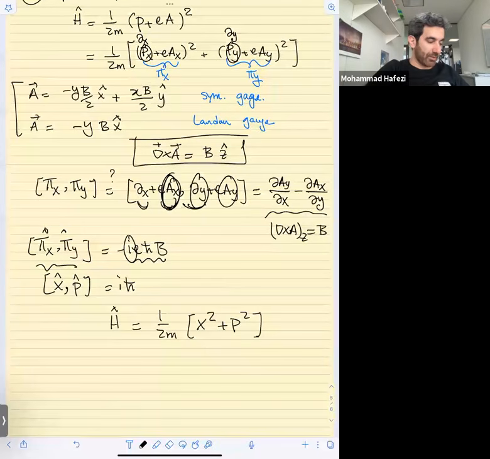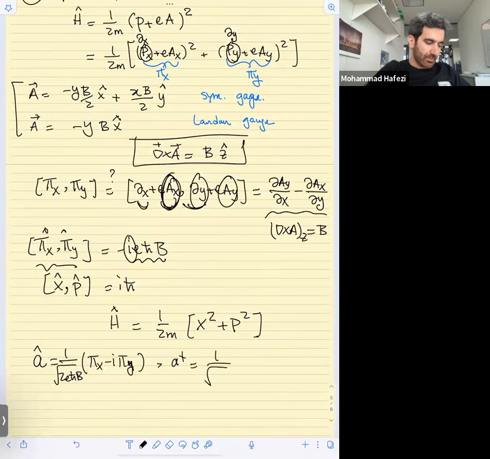In particular, I can define a ladder operator similar to the ladder operator in a harmonic oscillator, where you take pi x minus i pi y plus some constant in front, and then a dagger in a similar fashion.